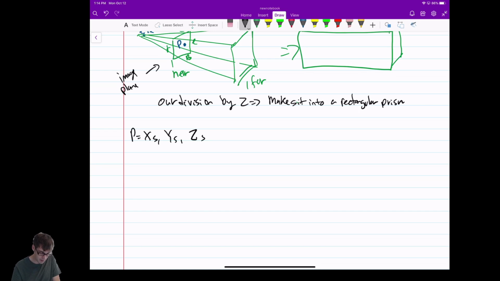So I'm going to write out a little equation for you. Left is less than or equal to X on the screen, which is less than or equal to right. This is kind of what we want, right? X of S is definitely within left and right. So I set this up, this is a true equation.